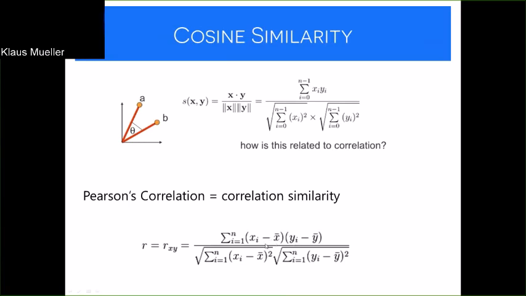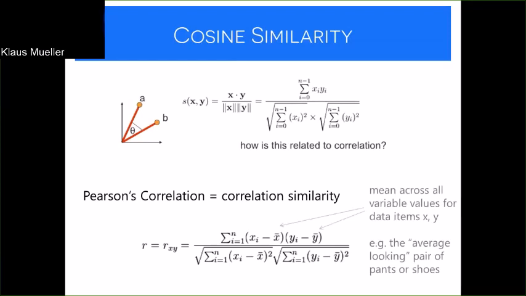It essentially tells you how much the distribution of dimension values of these two really match. This is the mean across all the variable values for data item x and data item y. Basically, this finds the average, the average-looking pair of pants or shoes.